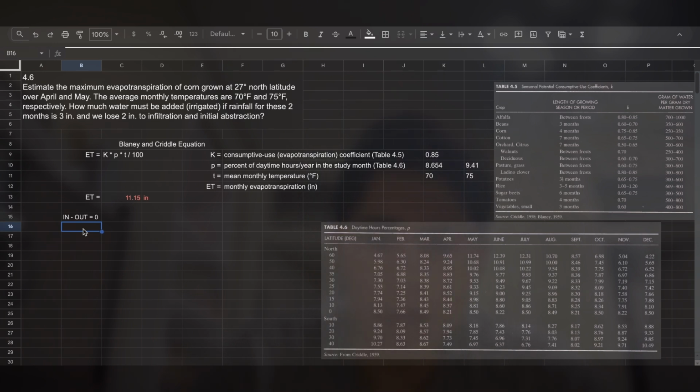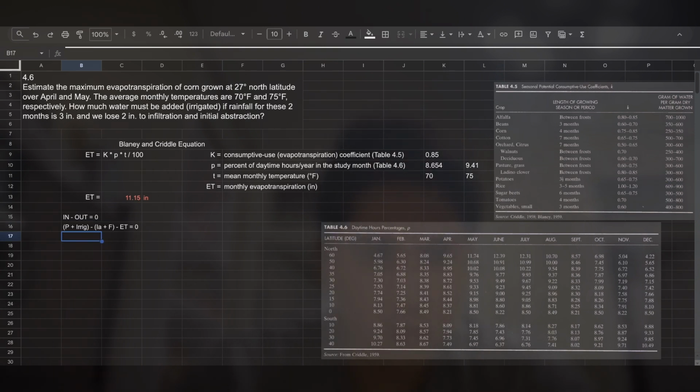So what we're getting in, we can say, is the precipitation plus the irrigation, and we're losing due to initial abstraction and infiltration, and we're also losing due to evapotranspiration, and all of that should be equal to 0, right?